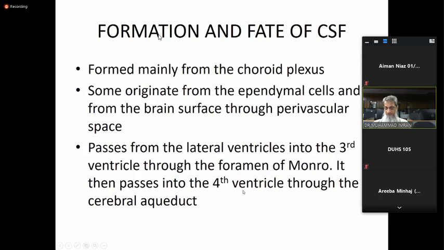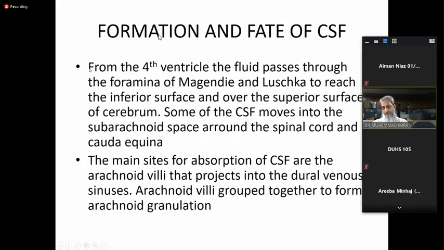So the third ventricle is connected with the fourth ventricle by means of the cerebral aqueduct. And from the fourth ventricle, it comes into the subarachnoid spaces over the surface of the brain through the foramen of Magendie and foramen of Luschka.